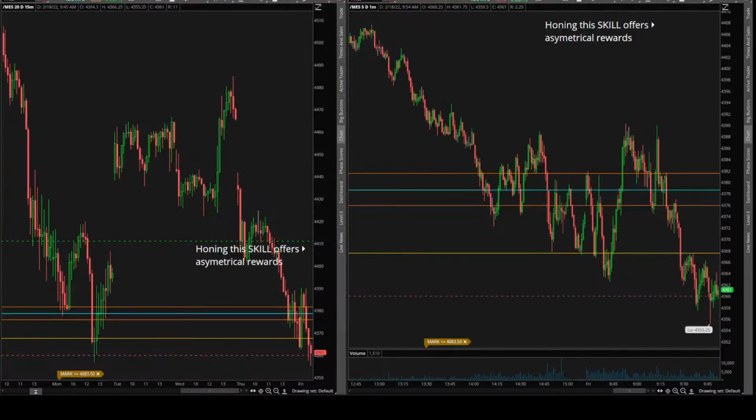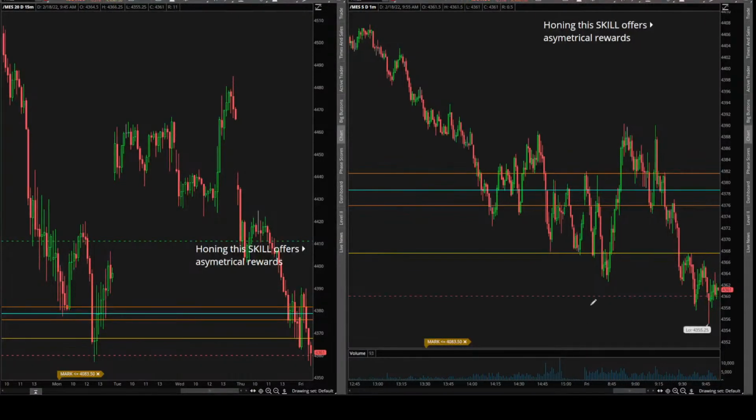NASDAQ put in a new low of the day on the 15 minute. We got 5 more minutes until the 15 minutes done. We're kind of hanging out here. This is the next area of contention, the 68 to 70 level.